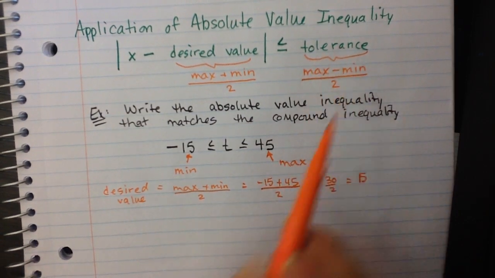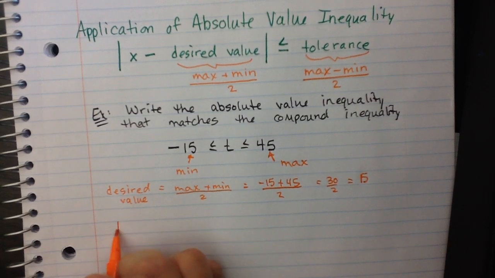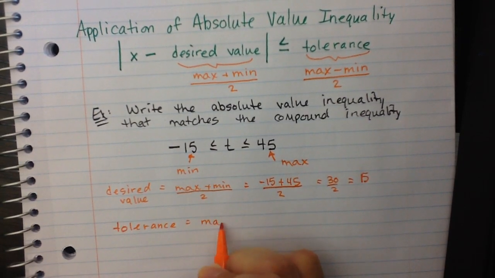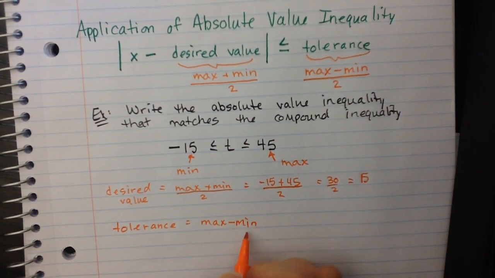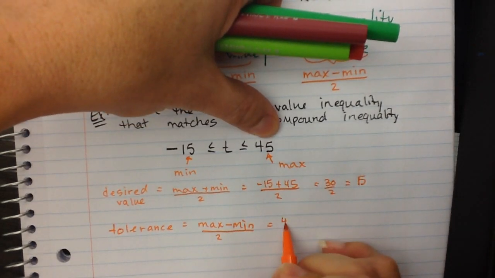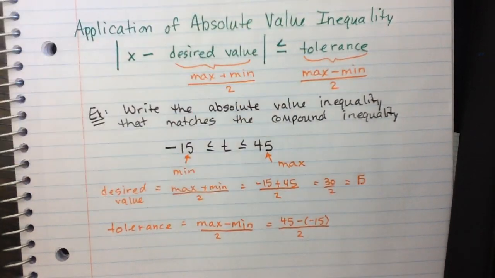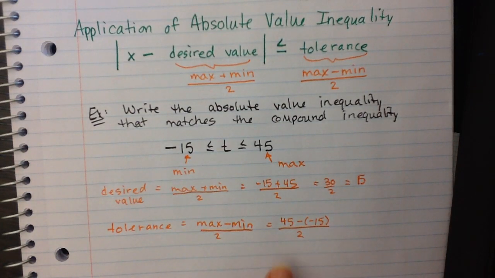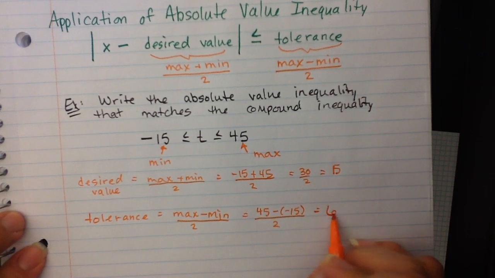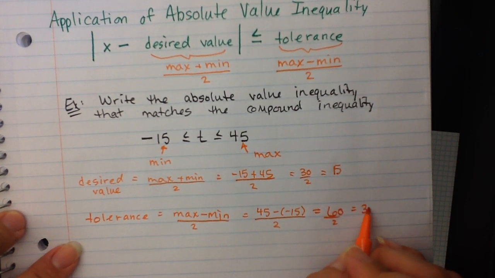And then our tolerance is found by taking the maximum value minus the minimum value divided by 2. So our tolerance will be max minus min divided by 2. So we'll have 45 minus negative 15 divided by 2. Then remember that subtracting a negative means that we're adding those values. So we get 60 divided by 2. So our tolerance is going to be 30.